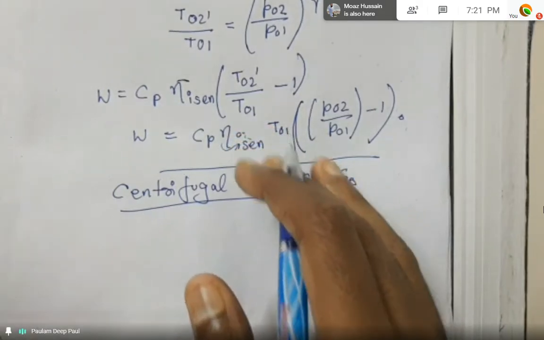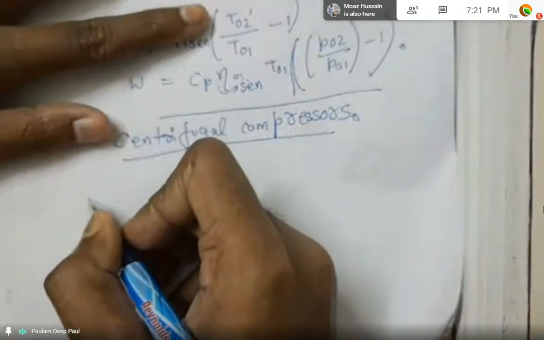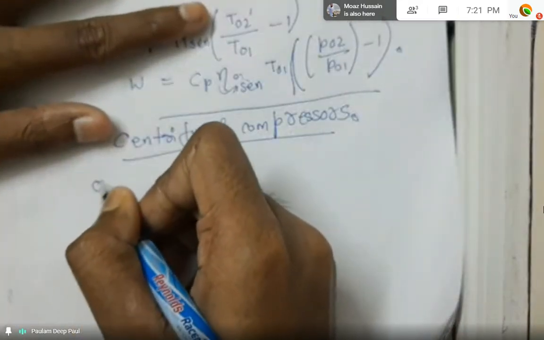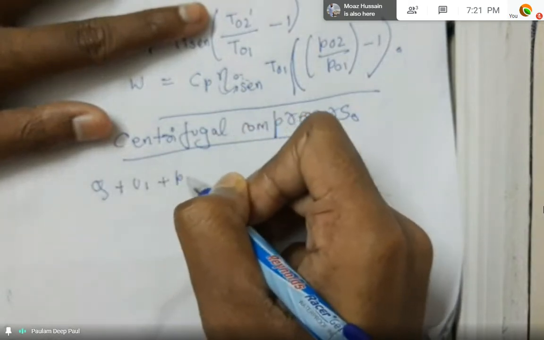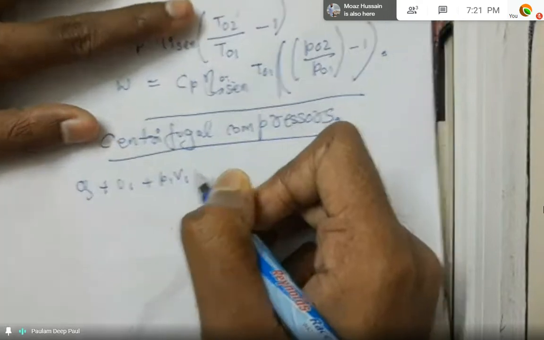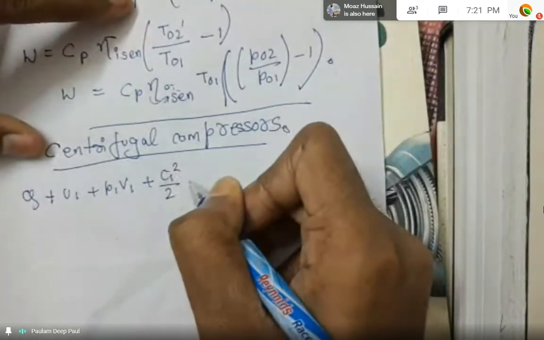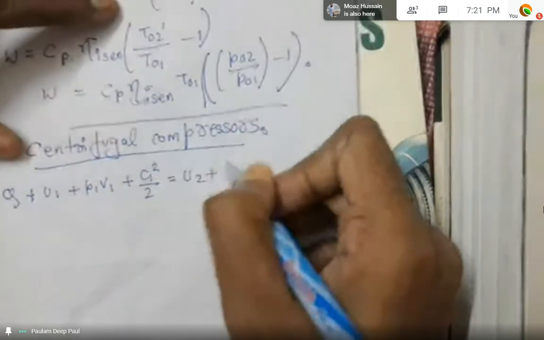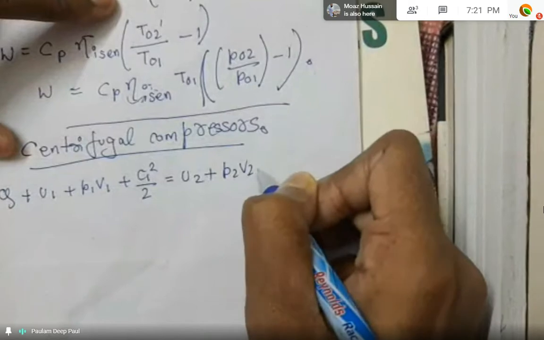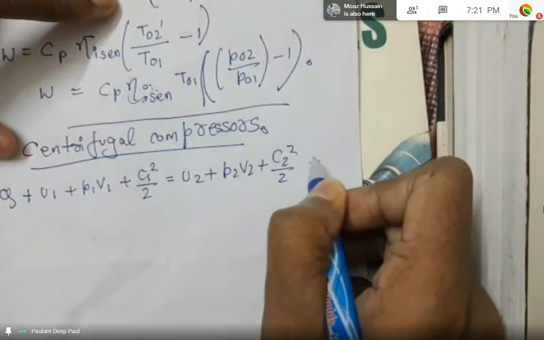Before we begin, I'll just put down the steady flow energy equation that you already know: Q plus U1 plus P1 V1 plus C1 squared by 2 is equal to U2 plus P2 V2 plus C2 squared by 2 plus work done.